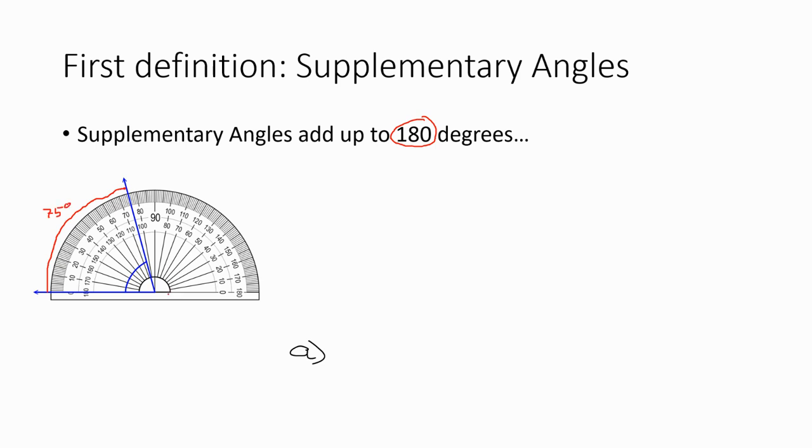So the supplementary angle, if we just extend this, would be whatever adds up to the rest at 180 degrees here. In this case, it would be 105 more degrees to get to 180. Also notice this, that 180 degrees is formed when the two angles next to each other form a straight line.